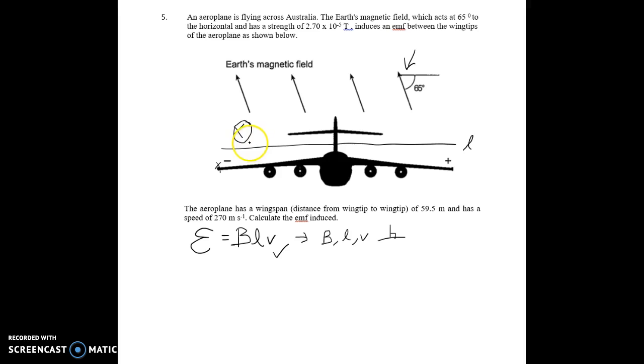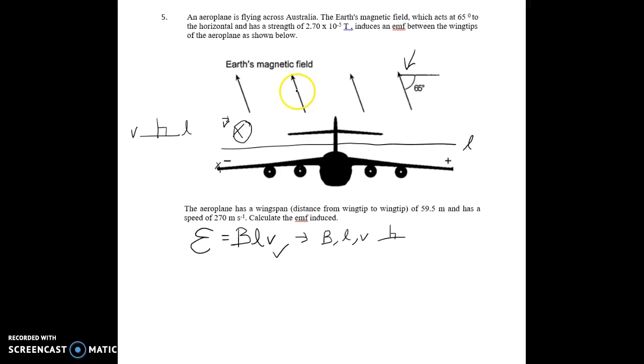If that's the case, you have to ask yourself, is the velocity vector, V arrow, and the L perpendicular? Okay, if one is going in and one is horizontal, they are perpendicular to each other. So this part is certainly good.